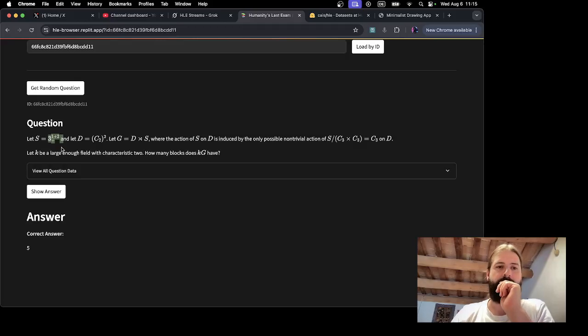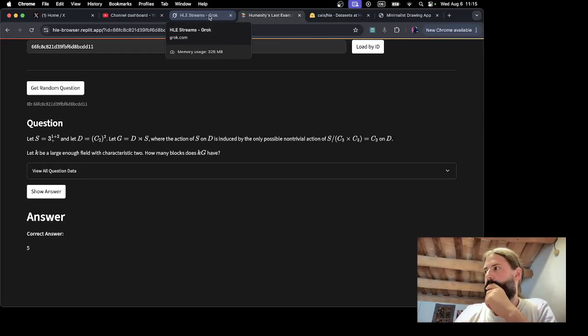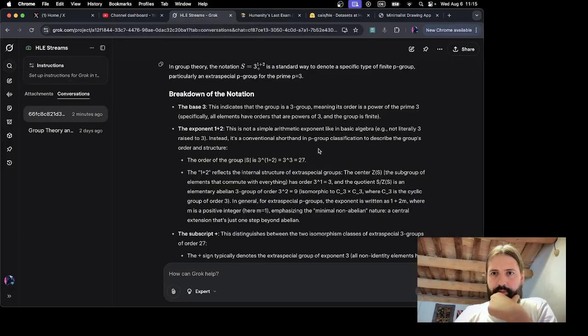But with P equals 3. If I ignore the exponents at this point, it's just telling me that it's a group whose order is a power of the prime 3.